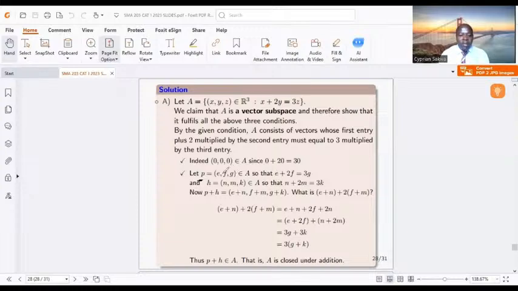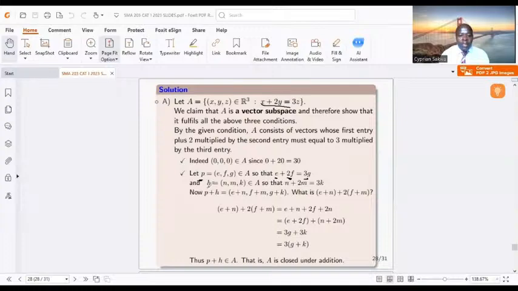And I want to say that this vector (E, F, G) satisfies this condition: that the first element, E, plus 2 multiplied by the second element gives me the third element multiplied by 3. I want to assume that is true.